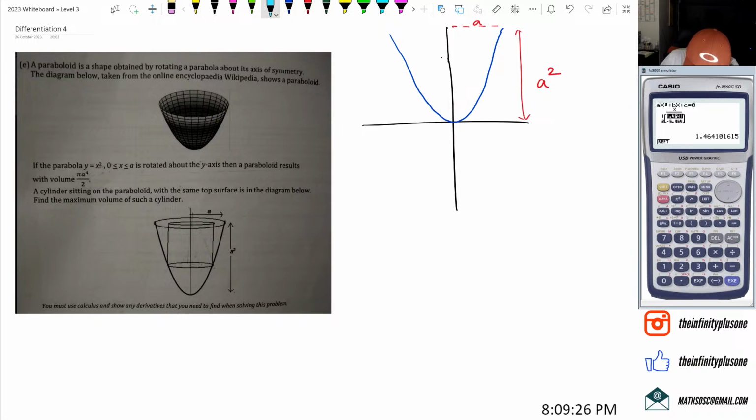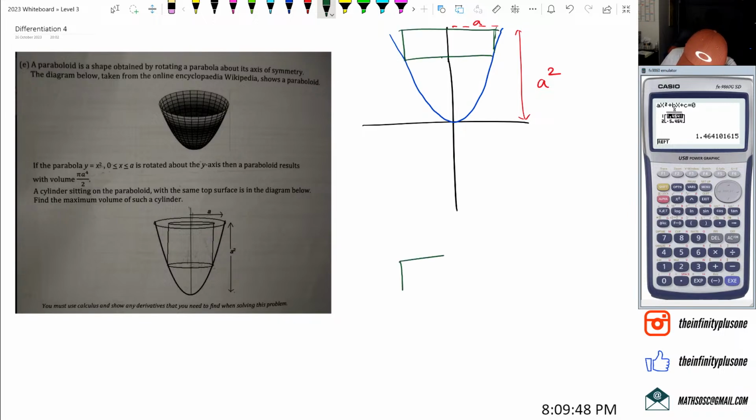Remember I talked about looking at the 3D shape as a 2D shape. So I need a different colored pen. I'm going to take this cylinder right here, maybe up to there. There's my cylinder.